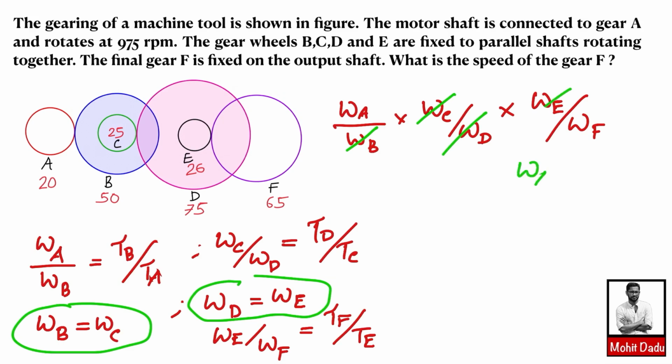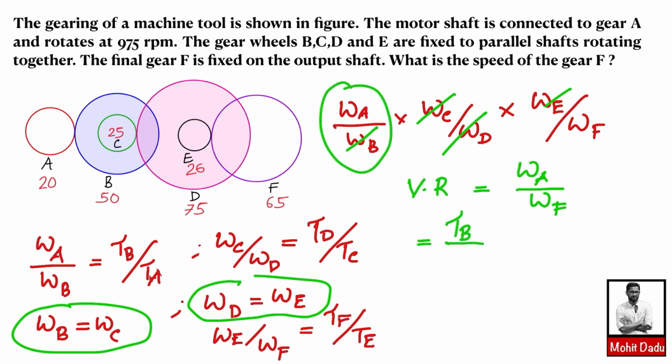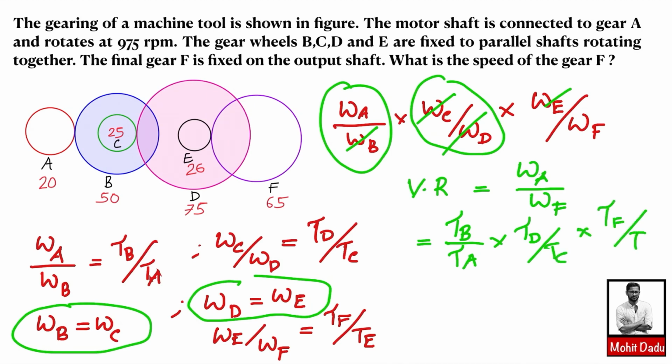Finally you have omega A by omega F, the ratio of input and output, or driver and driven, which is known as the velocity ratio. It can be found as: for omega A by omega B, write TB by TA; for omega C by omega D, write TD by TC; and for omega E by omega F, write TF by TE, where T represents the number of teeth.